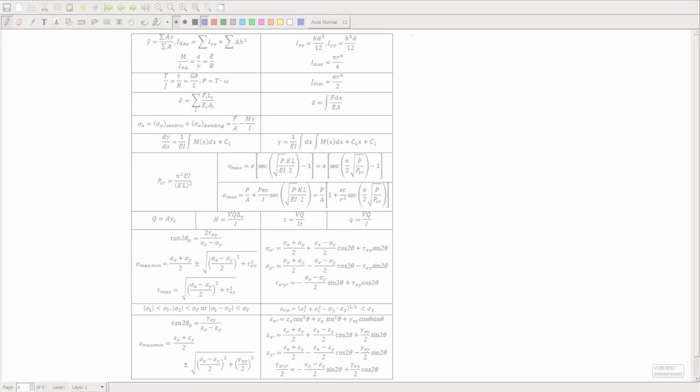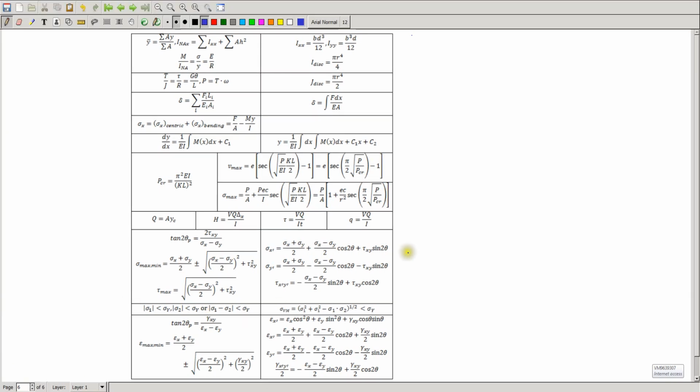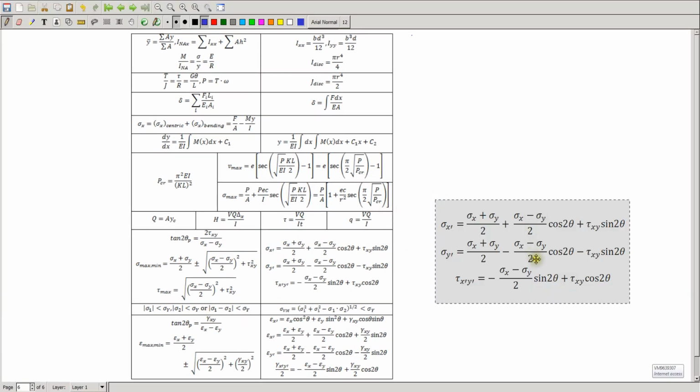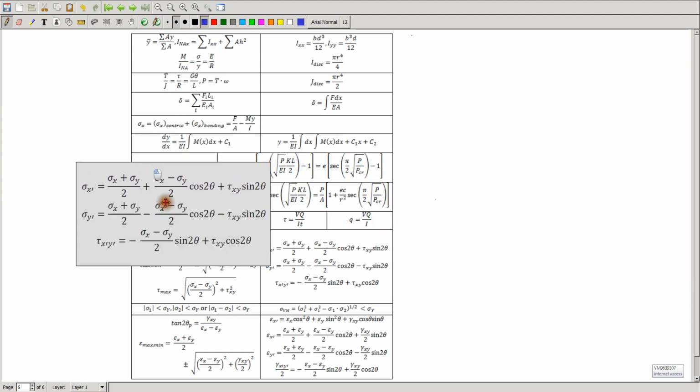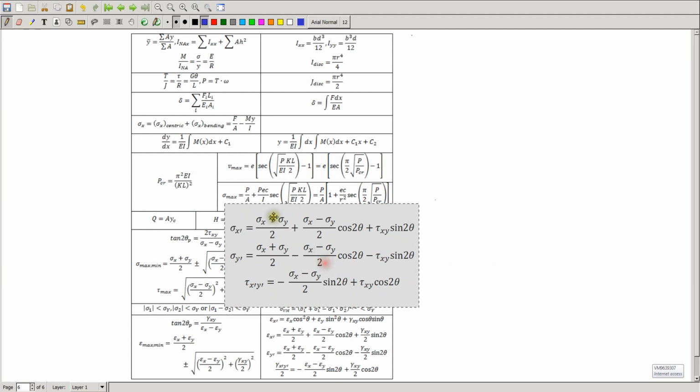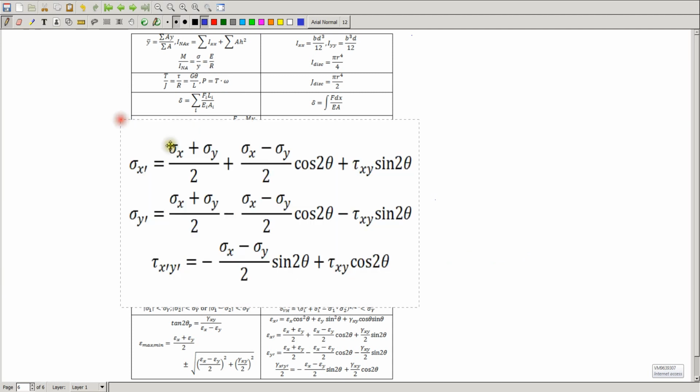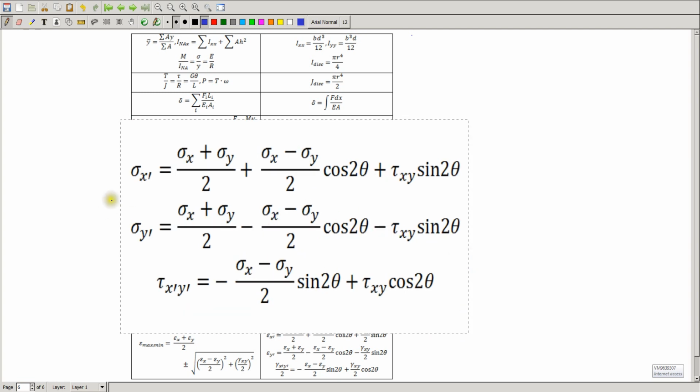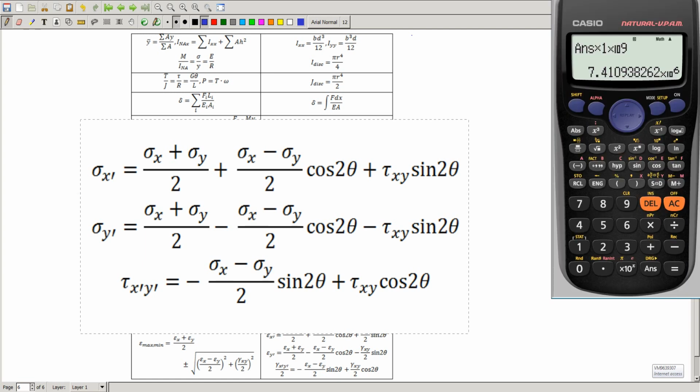So the equations we're going to use are these guys. All right, so now before we just plug in our numbers, this is all we're really doing, plugging the numbers into this set of formulae.